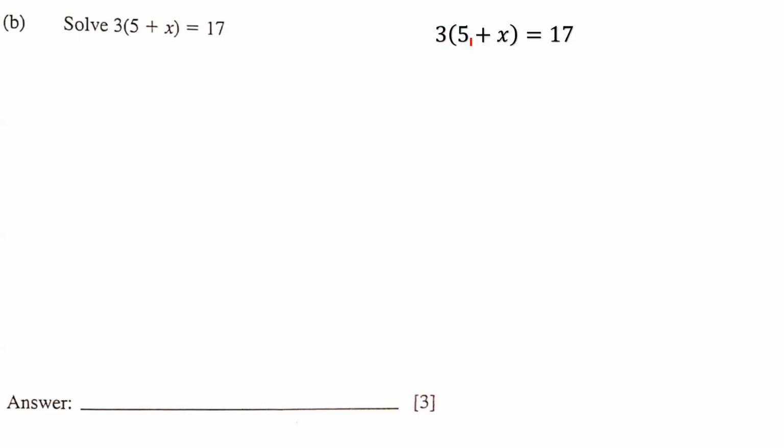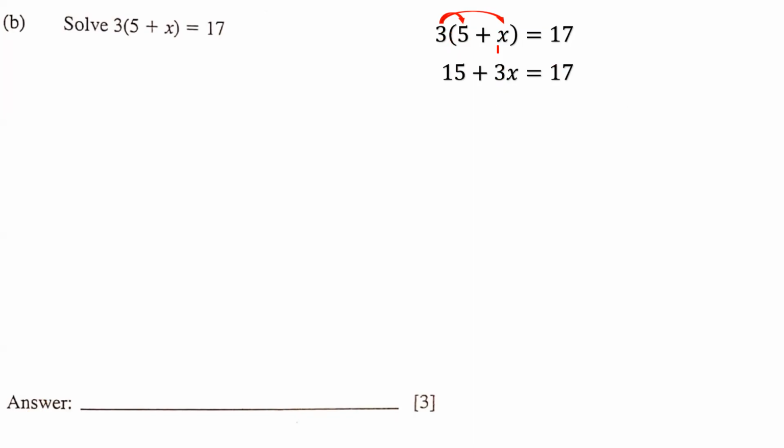So let's distribute. We're going to do 3 times 5 and 3 times x. 3 times 5 is definitely 15, and 3 times x is 3x, still equal to 17.